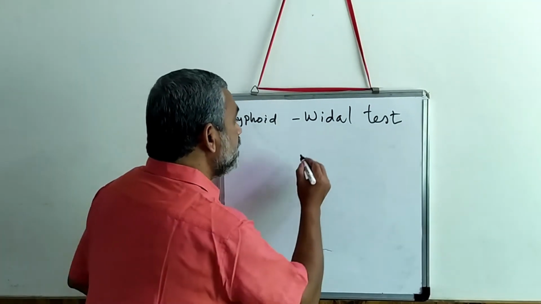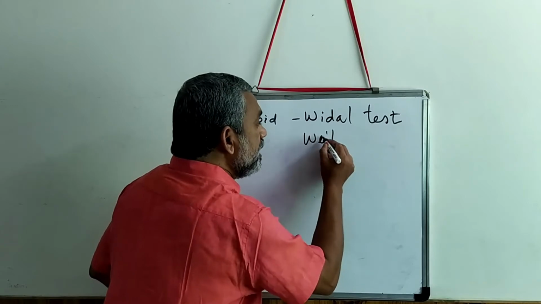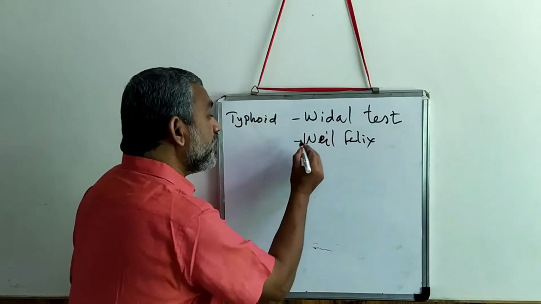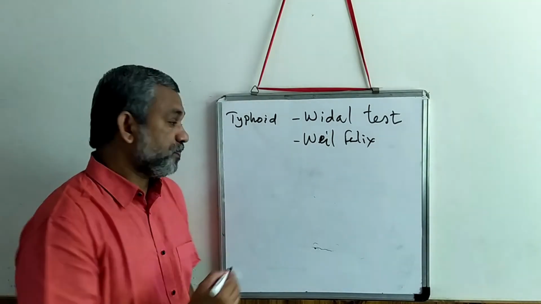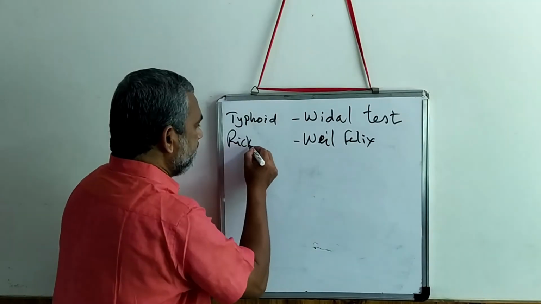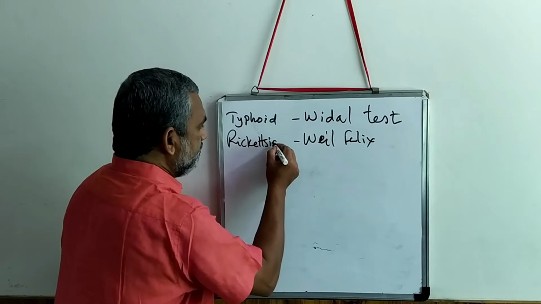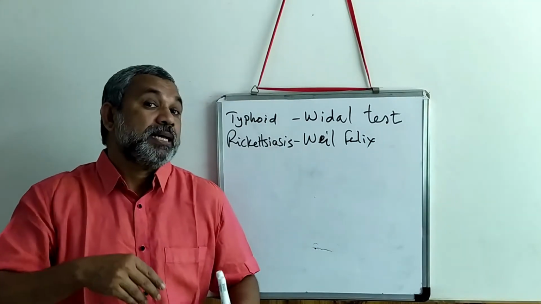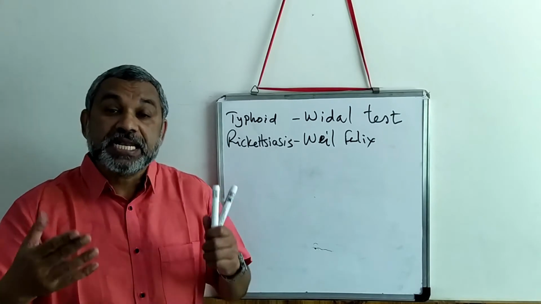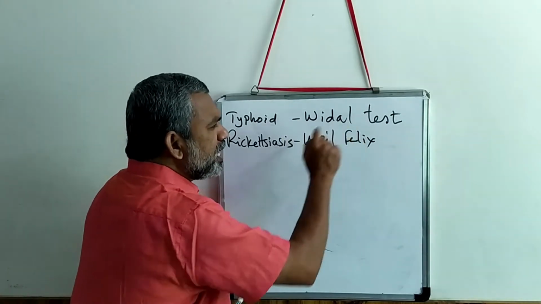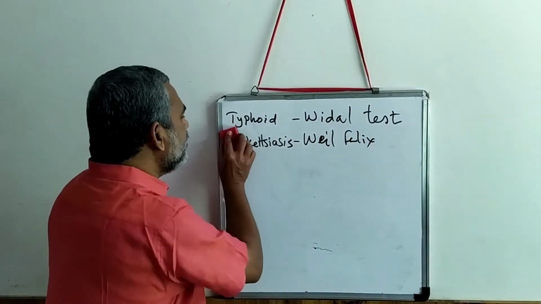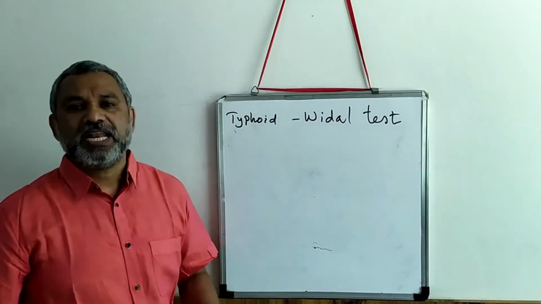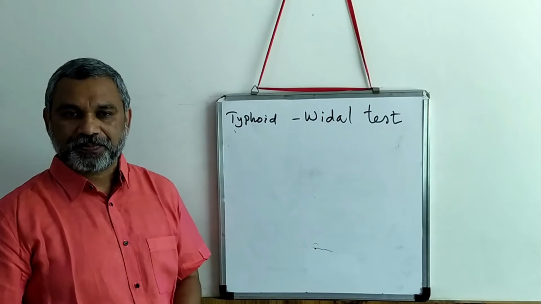Another test is called the Weil-Felix test, that is for rickettsiasis. So these are two tests which are carried out through serial dilution in test tubes. Let us look at how the Vidal test is carried out in a test tube; in a similar way the Weil-Felix test is also carried out.